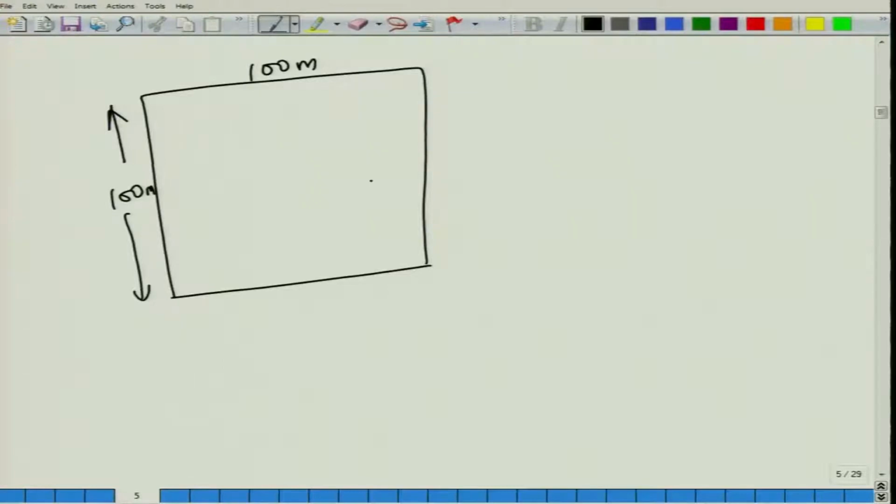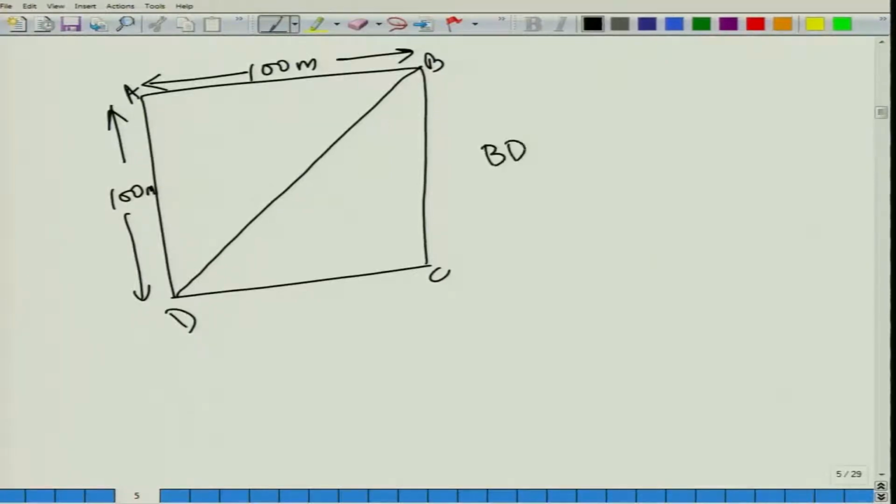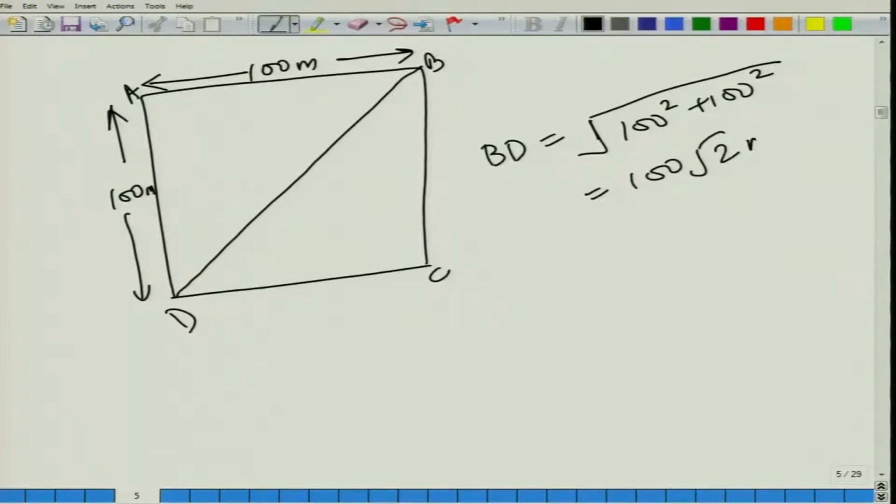Because this is a square, all the sides are equal, so we first of all figure out this distance. Let us call it A, B, C, D. Now, we know that BD is equal to square root of 100 square plus 100 square, which is 100 root 2 meters.